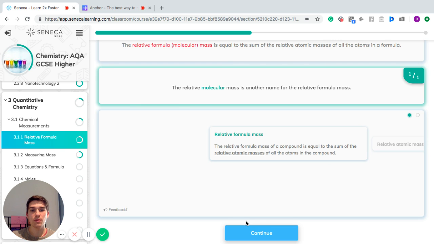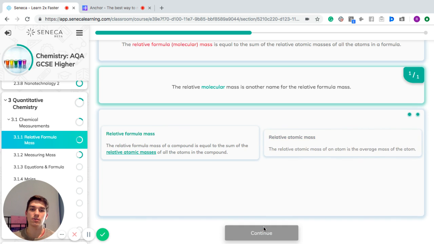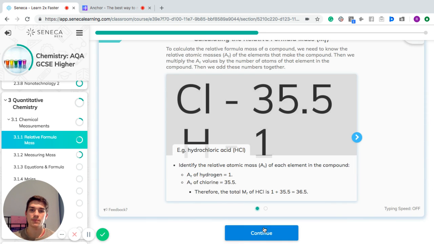The relative formula mass of a compound is equal to the sum of the relative atomic masses of all the atoms in the compound. The relative atomic mass of an atom is the average mass of the atom. So just to have a look at that in a bit more detail, you can calculate the relative formula mass of a compound.